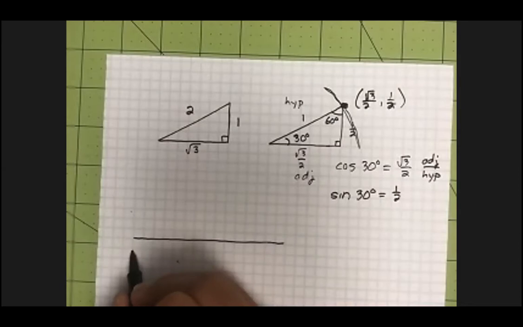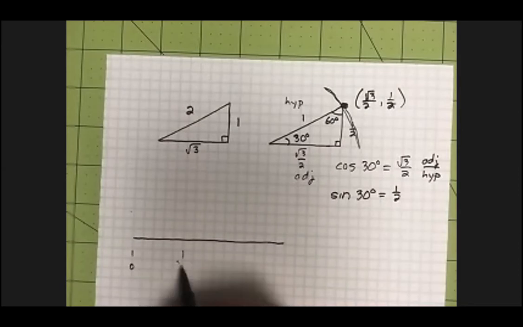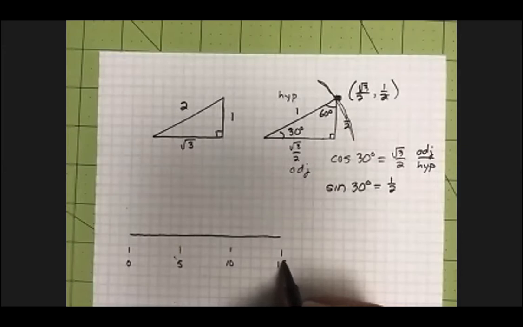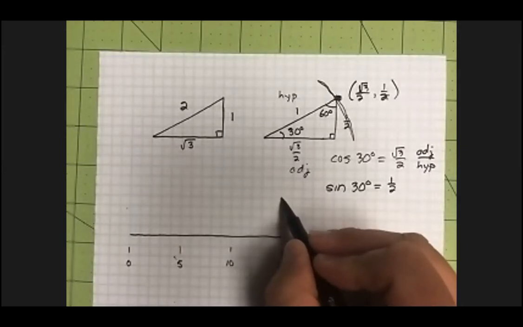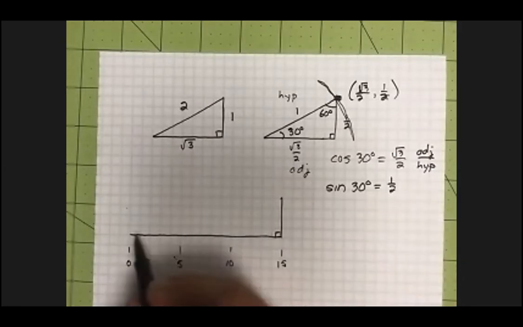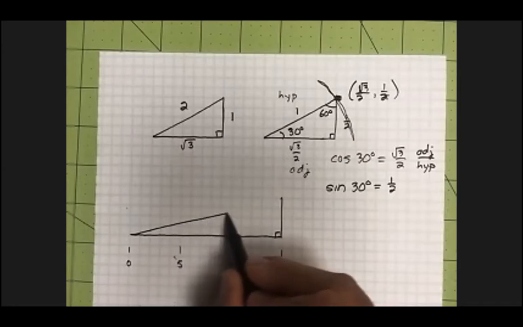I think we checked last time that if I went over 15 boxes, I'll show you how to check this on your calculator, and went up 4 boxes, that was darn near 15 degrees.